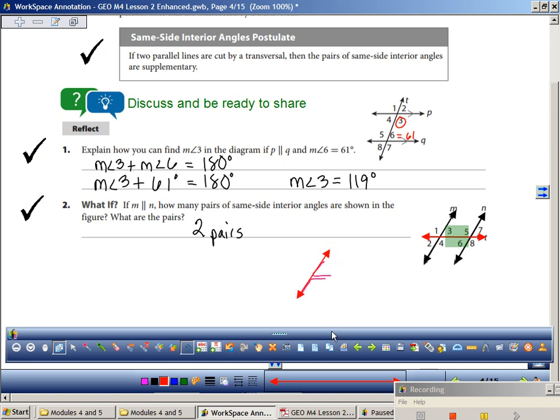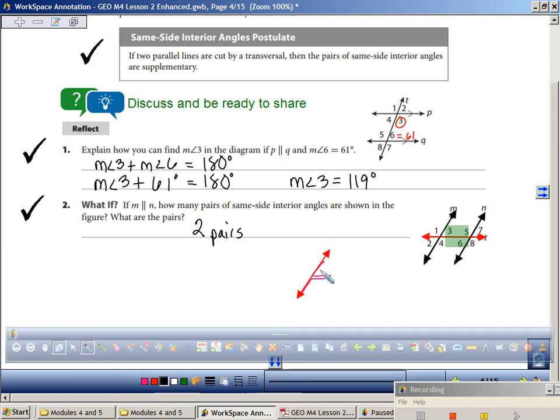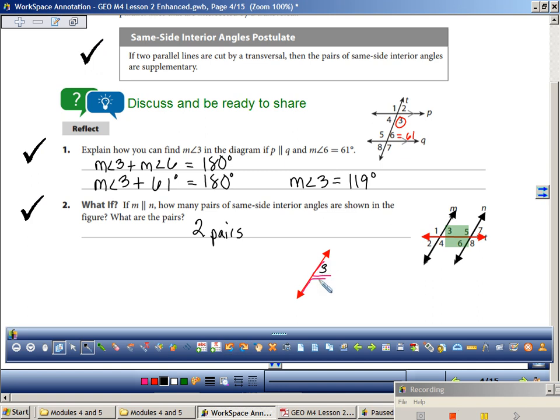Yes, they do. Look at that. So 3 and 4 are a linear pair.